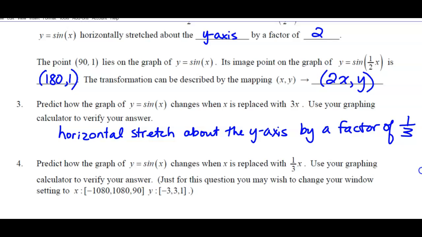You would take the distance from that line and double it. In terms of actually calculating it, it would be more complicated.